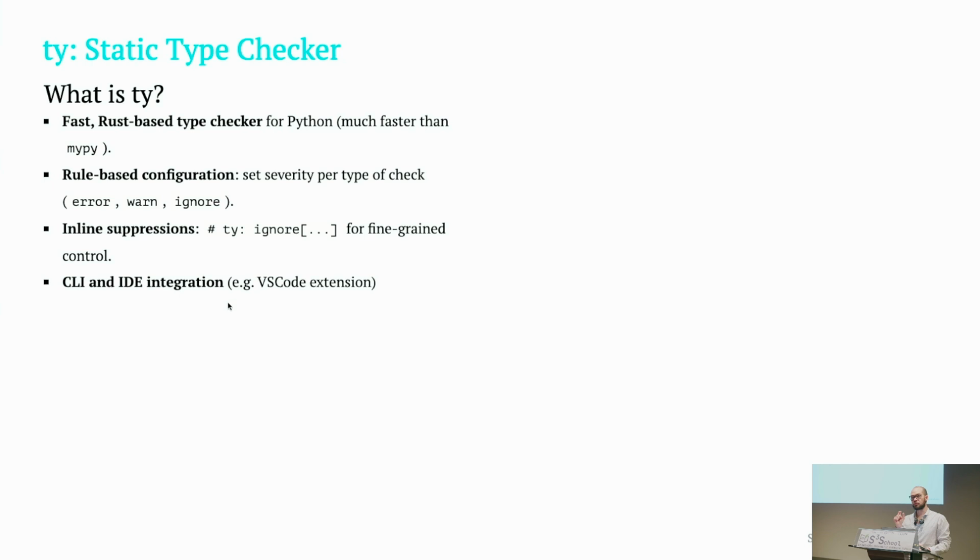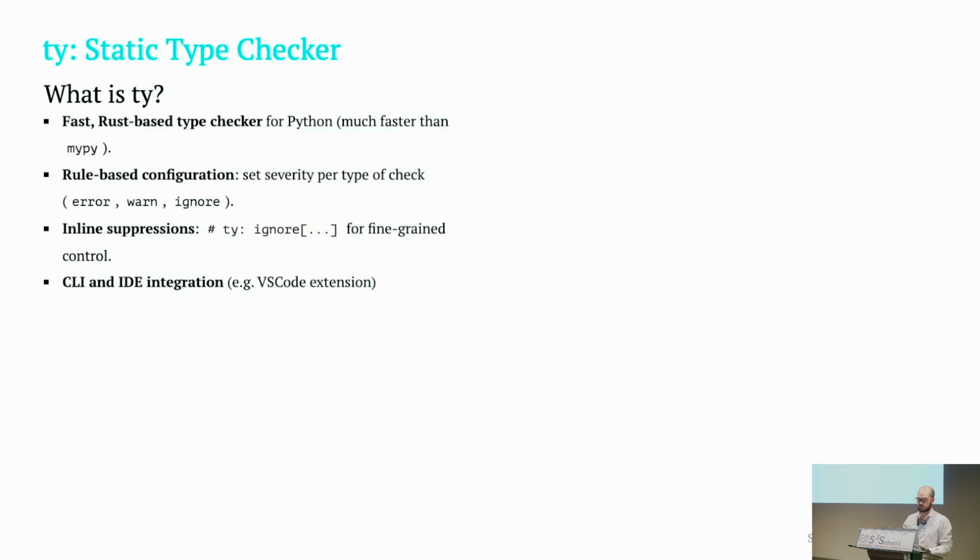And you can ignore some of the type checks if you really know what you are doing. If there's something in your code you don't want checked, you can add this comment, ty: ignore, at the end of the line, and ty won't look at this line.